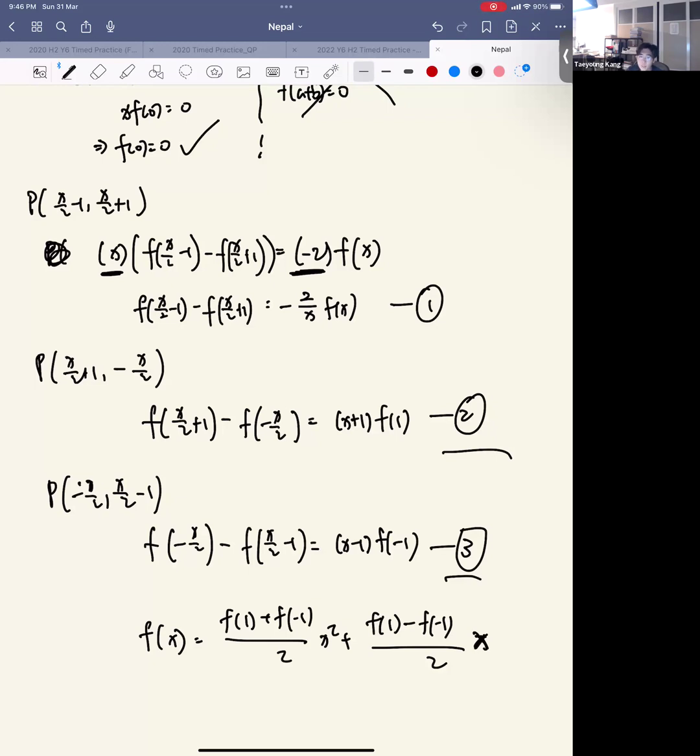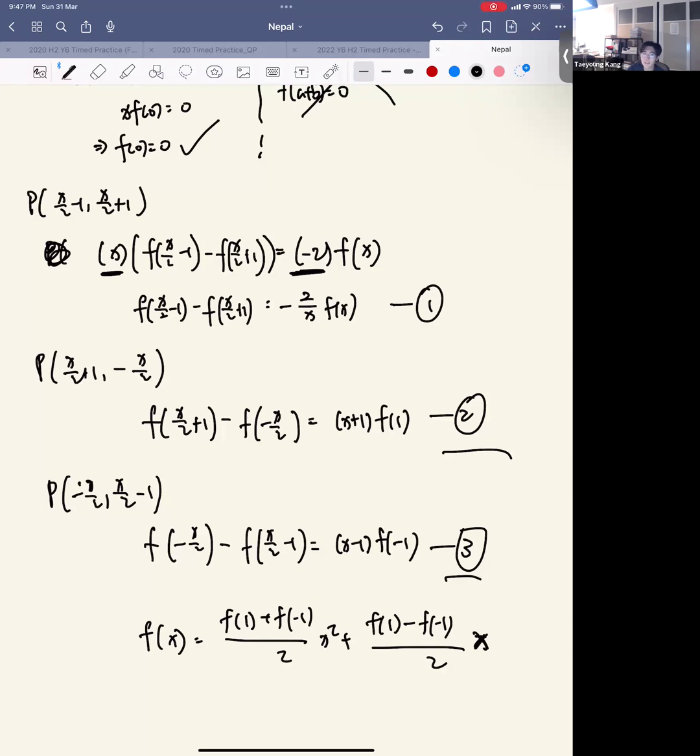Does anyone have any questions about this solution? There are people saying that we should try to show that the function is injective, right?